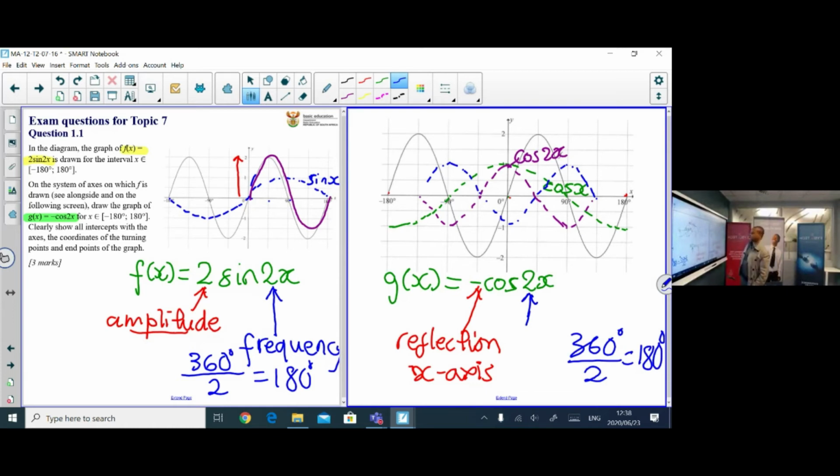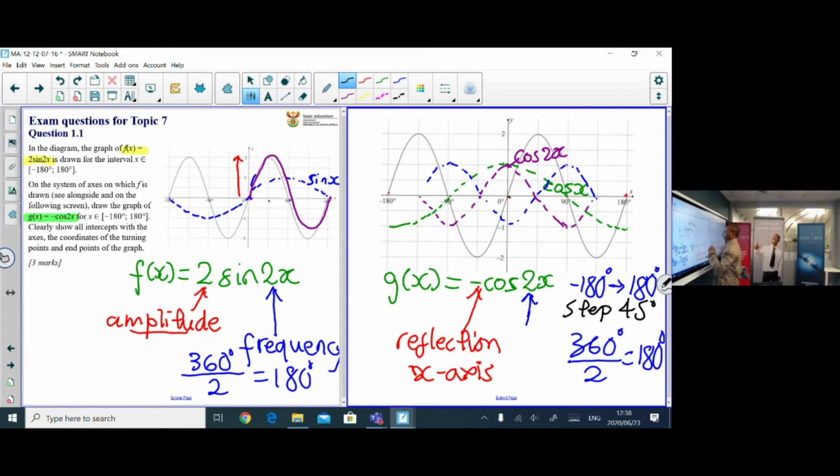So when it says start to end, your start will be minus 180 to 180, because that's your domain. When you are asked to put the steps, we are having 45 degrees here, because that's the graduation we have.